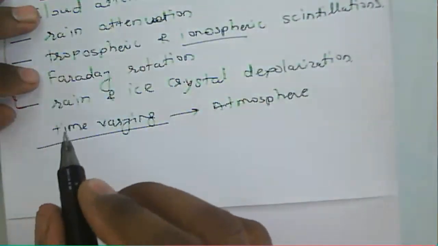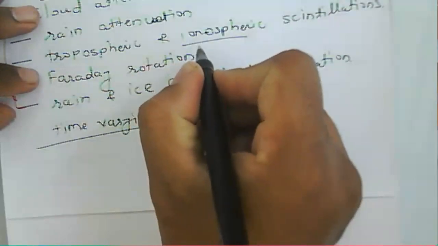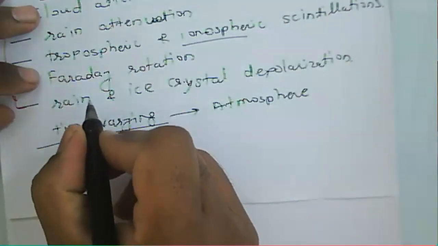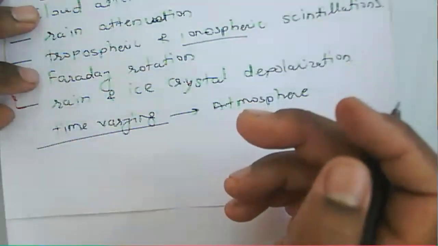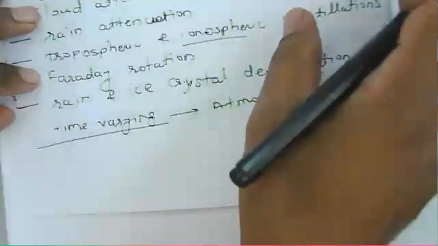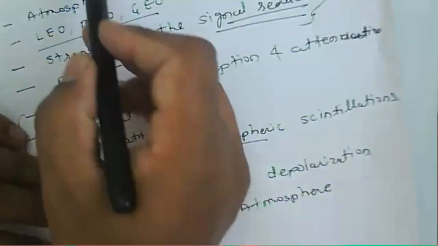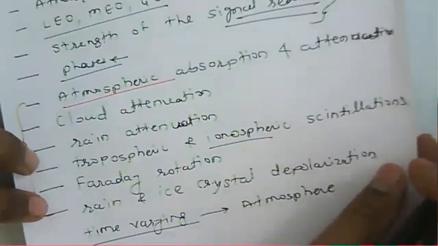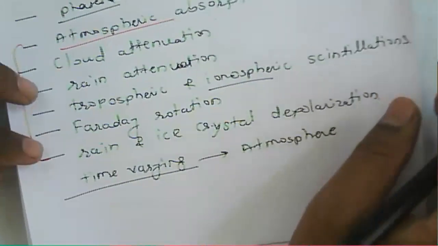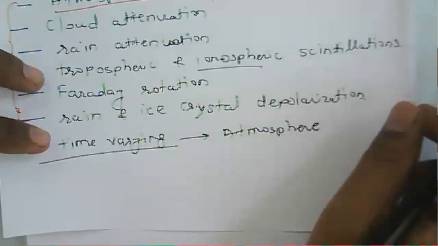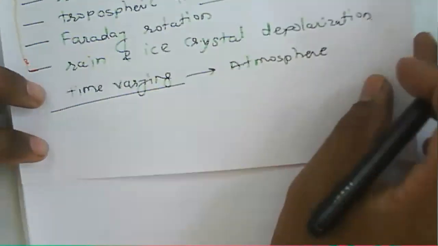And again, these atmospheric losses change based on the day or night, as well as the receiving antenna we are using, because the atmospheric condition changes, so your antenna performance will degrade.